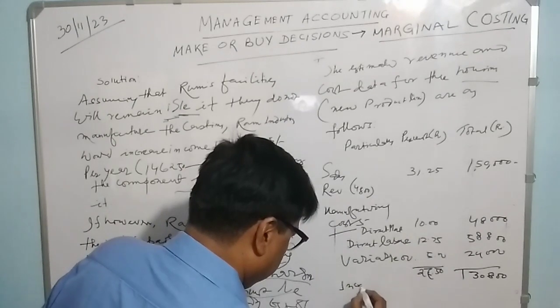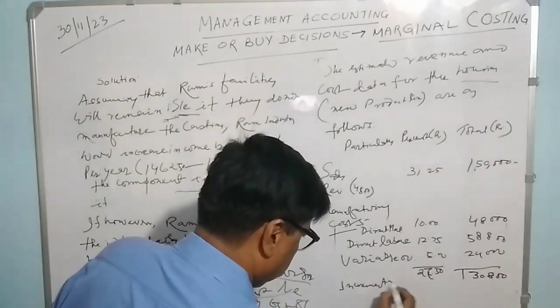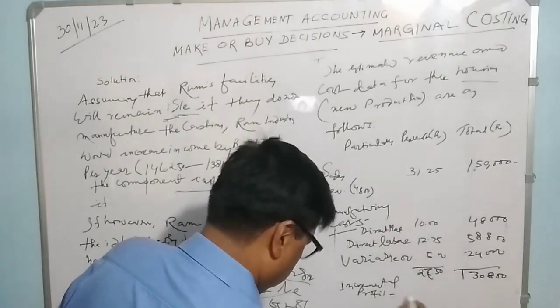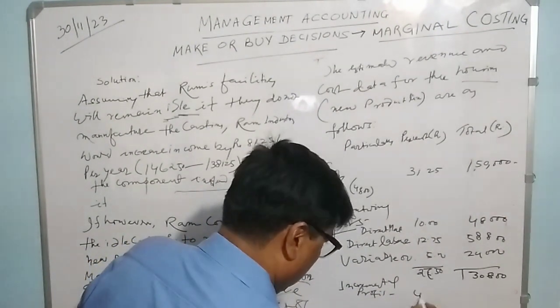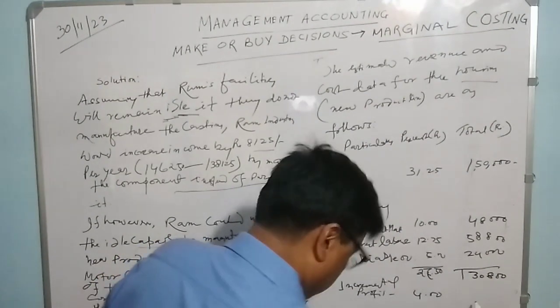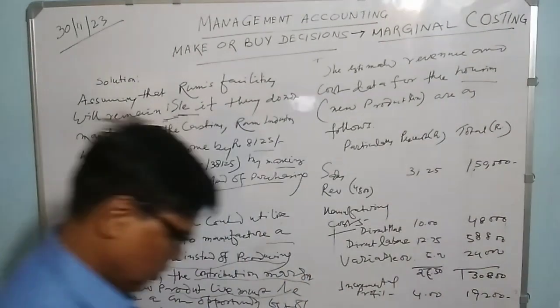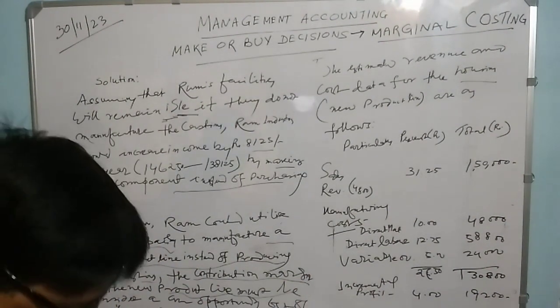So your incremental profit will be 4 rupees per unit, and 19,200 will be the total incremental profit.